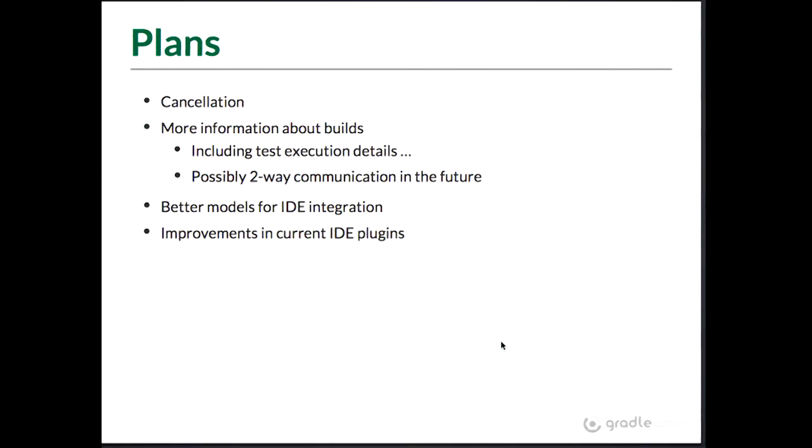Okay. So yeah, having cancellation for these things makes sense. More information about builds, that idea, yeah, I've heard that from other people here in the hallway. Having more information about what's happening when I'm building something and I cannot get the expected result and I need to debug that build, that's useful.